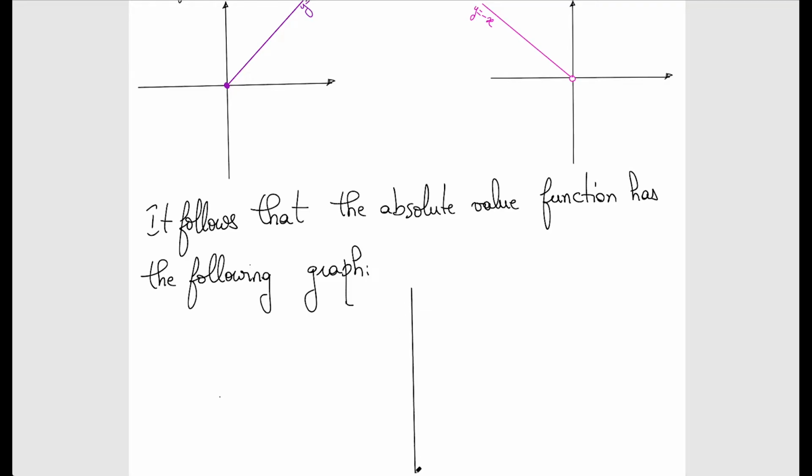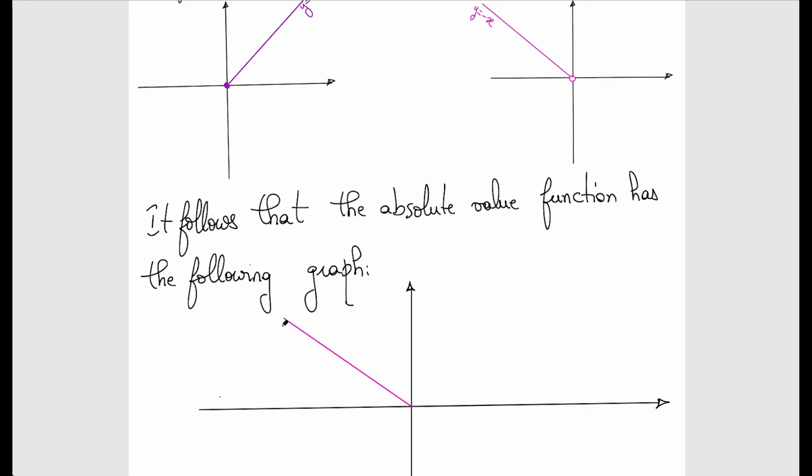If this is the xy plane, then we had the pink, and this is y equals negative x, and we had the purple, right? And this is y equals x.